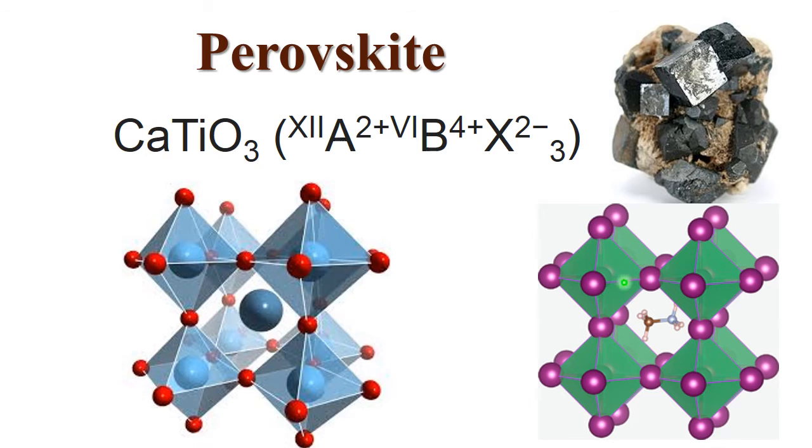This is the perovskite structure of lead iodide with bulky organic cation. Such perovskite compounds are a very promising possibility for solar cells. So again, they have the same perovskite structure, but chemistry is absolutely different.